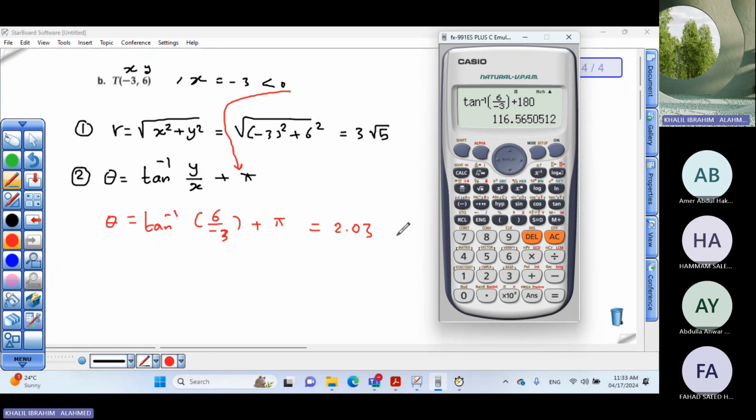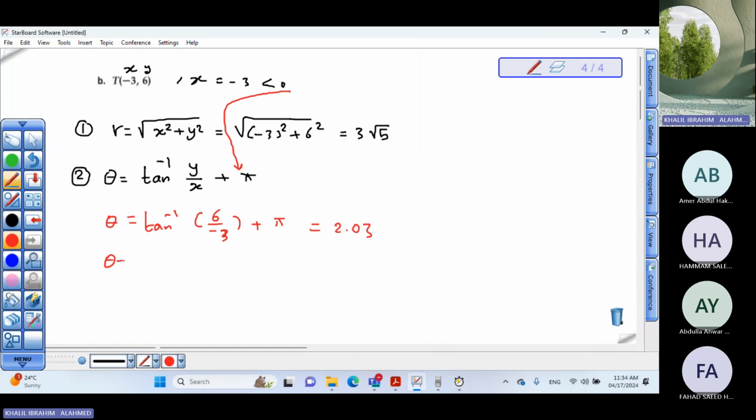This is in radian, or we can write theta equals inverse tan of 6 over negative 3 plus 180 degrees, which equals approximately 160.5 degrees.